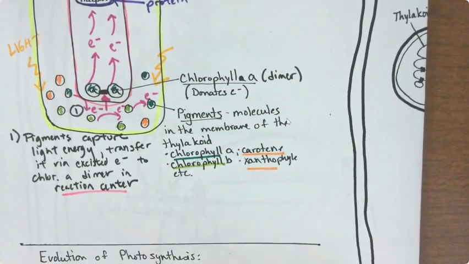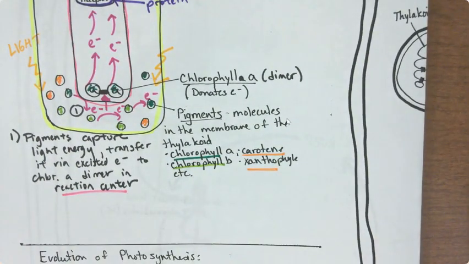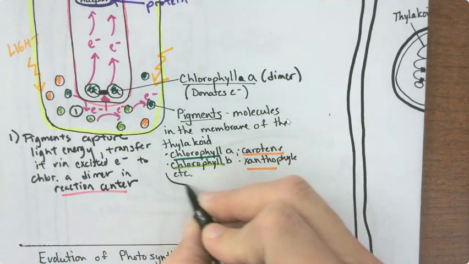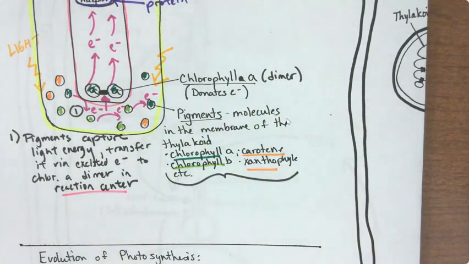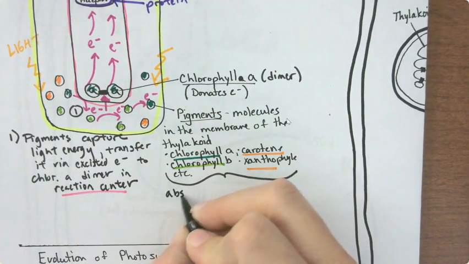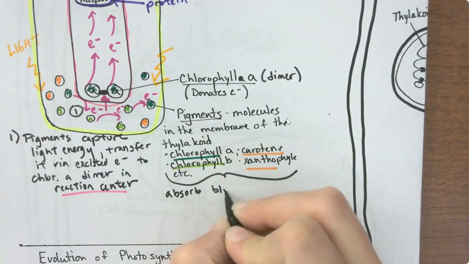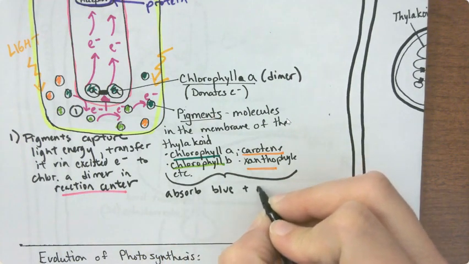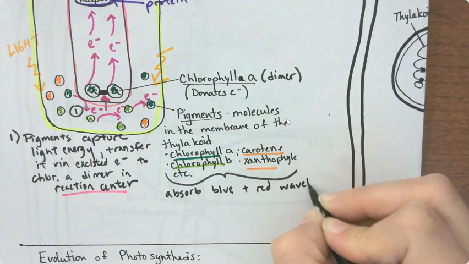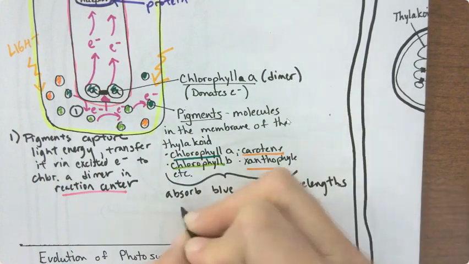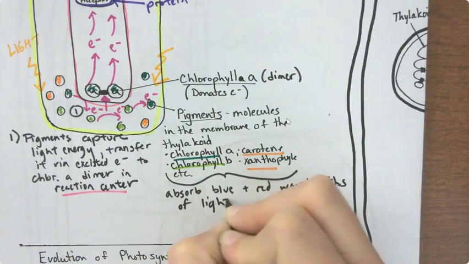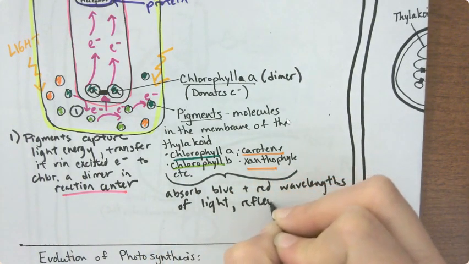And not all light is equal here. These pigments right here, found in organisms that do photosynthesis, absorb blue and red wavelengths of light the best, and they reflect green.